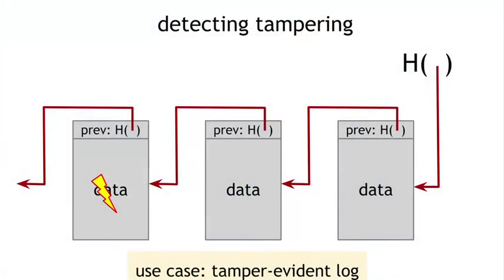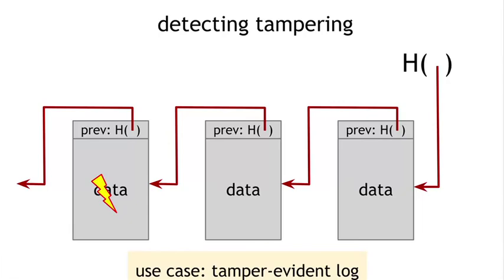Okay, so let's assume that an adversary wants to tamper with this block down here. He wants to change the data here, and he wants to do it in such a way that we, the holders of the hash pointer at the head here, won't be able to detect it. So the adversary changed the contents of this block, and therefore the hash here, which is a hash of this entire block, is not going to match up.